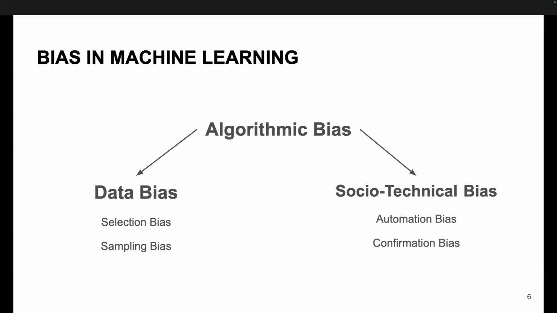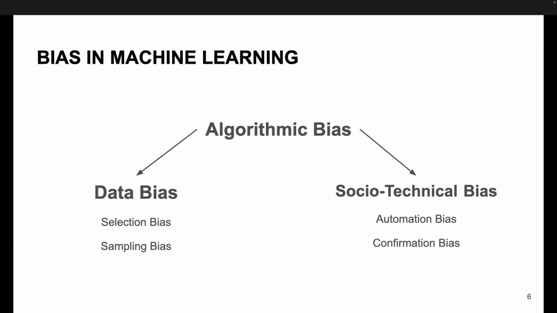There are also forms of socio-technical bias, which is generally about how this algorithmic system that we computer scientists develop gets used inside of the larger social complex of having a human interpret and make decisions based off of these systems. I'm going to put that off to the side, and we'll focus more on algorithmic bias and how it relates to data bias, and how data and algorithms interplay inside of the machine learning pipeline.